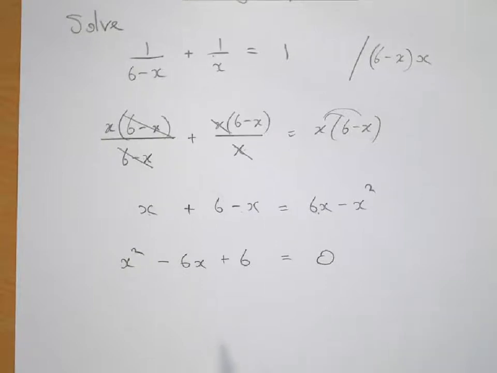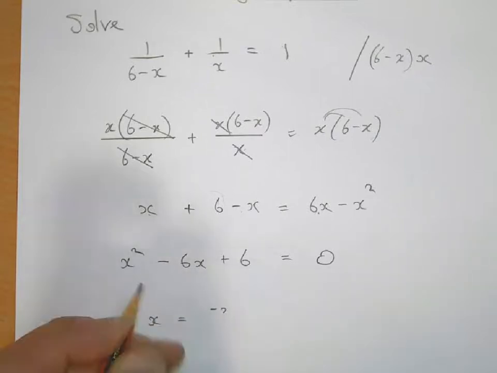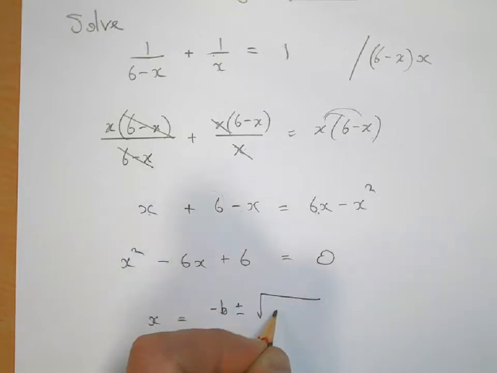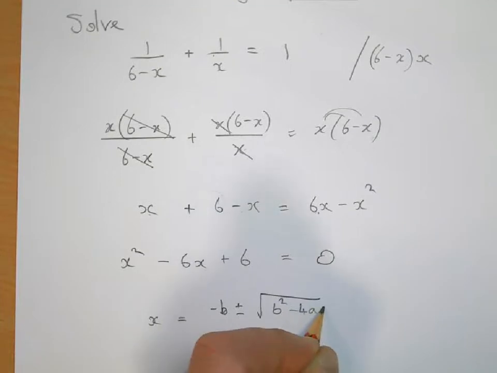Now, you cannot factorize that equation, but you can solve it either by using completing the square, or you could use the quadratic formula, which is minus b plus or minus the square root of b squared minus 4ac over 2a.